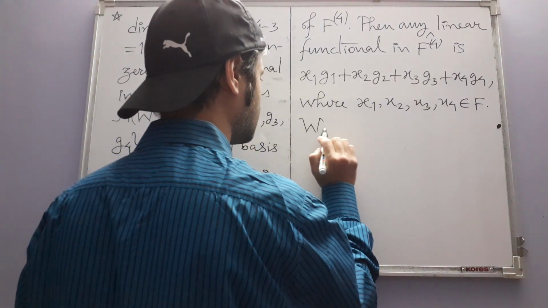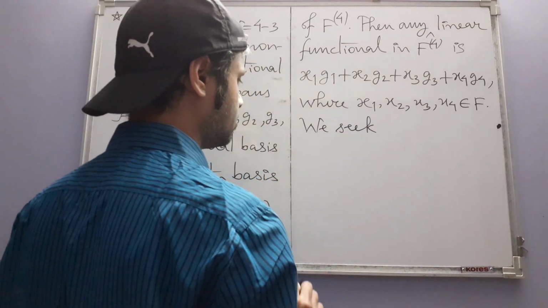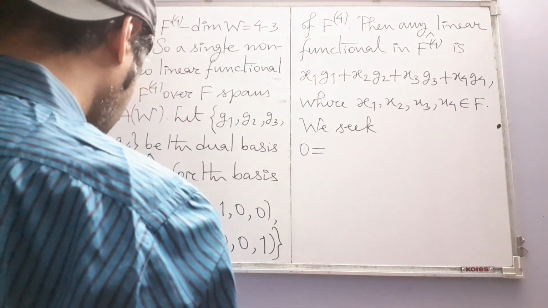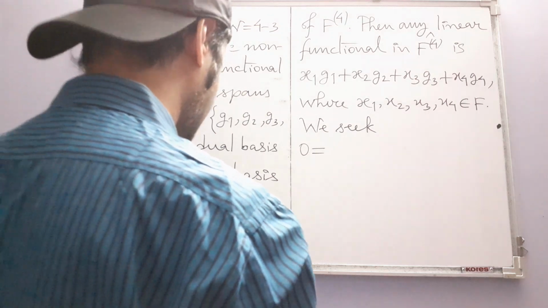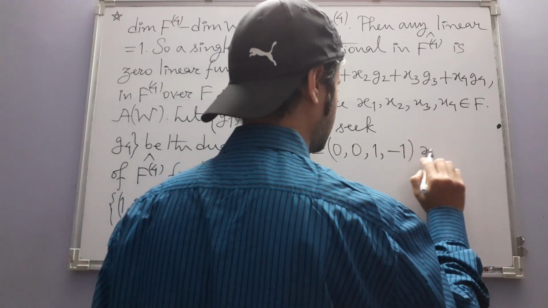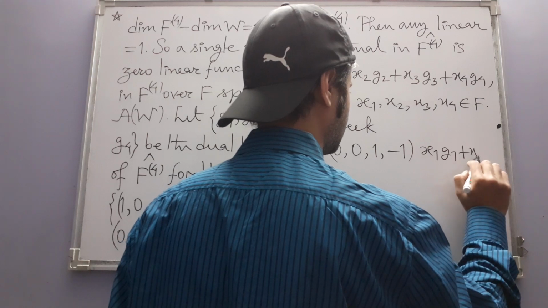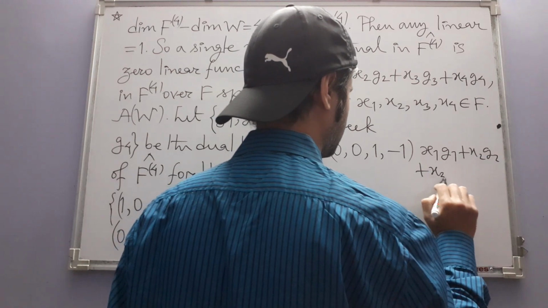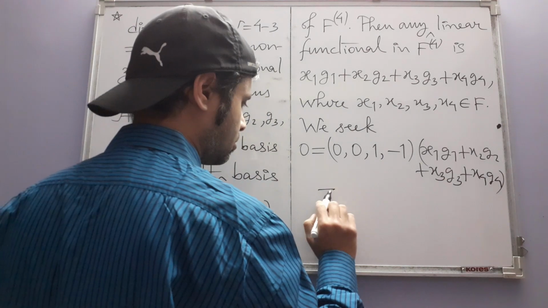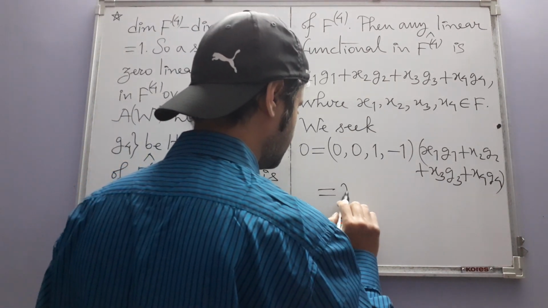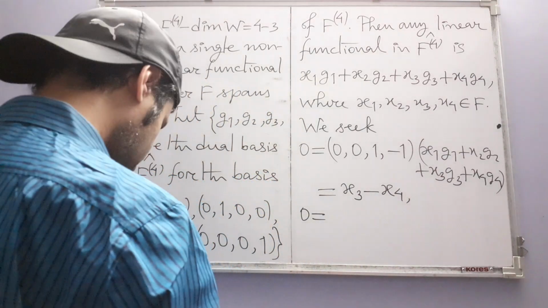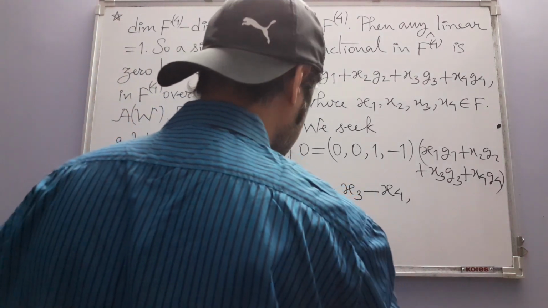So we seek the vector 0, 0, 1, minus 1. And this turns out to be equal to x3 minus x4. Then 2, 1, 1, 0.